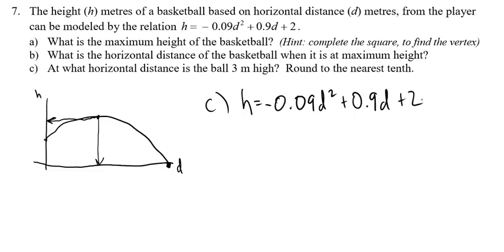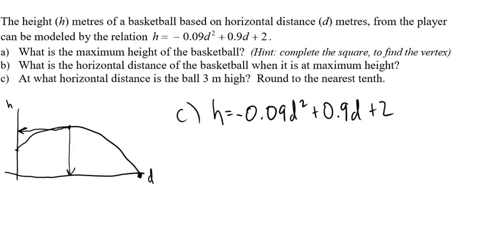So there's our equation, and it's got these two variables. H is the height, and D is the distance, the horizontal distance.